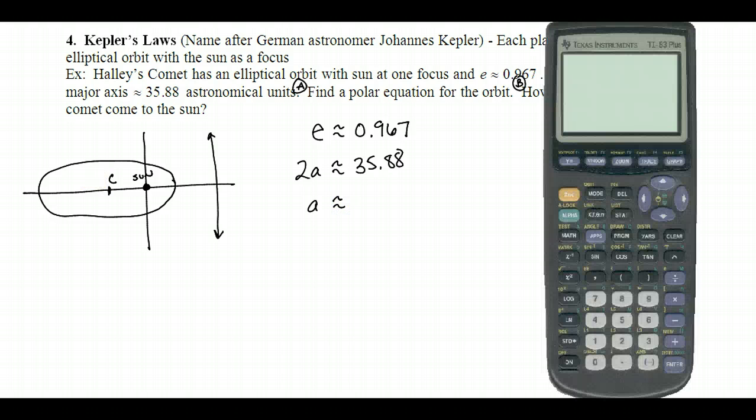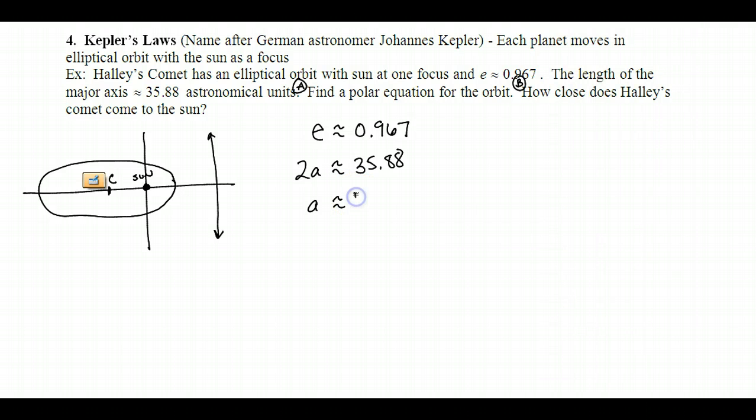So if we take 35.88 and divide that by 2, we get 17.94. So that's the information that we have, and we have to find a polar equation for the orbit.